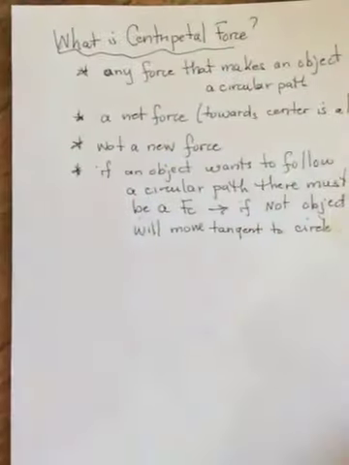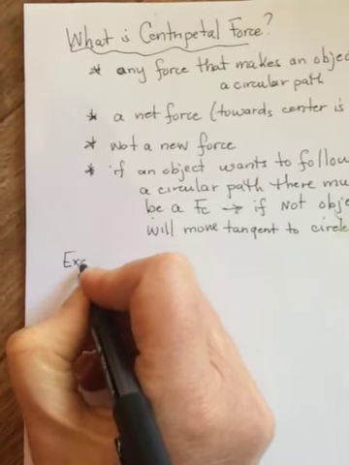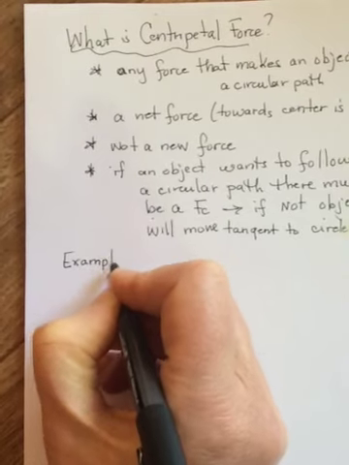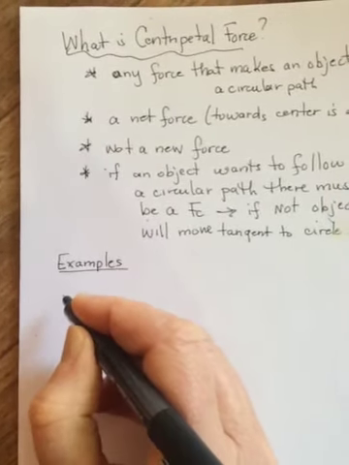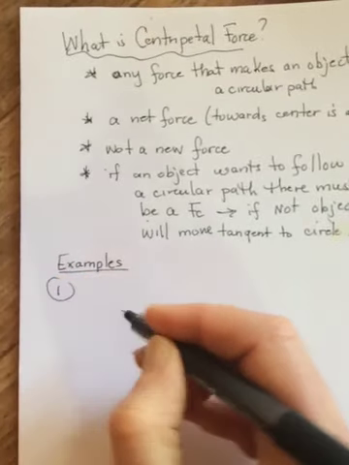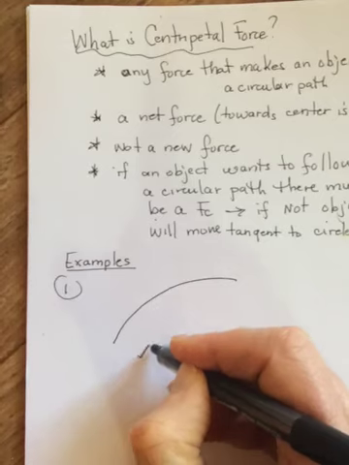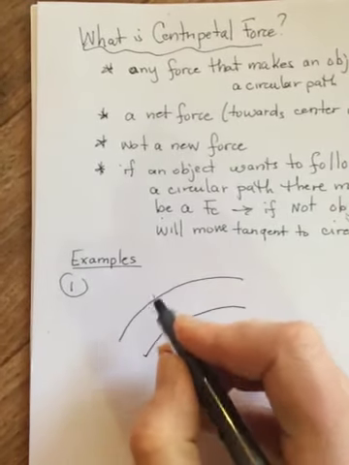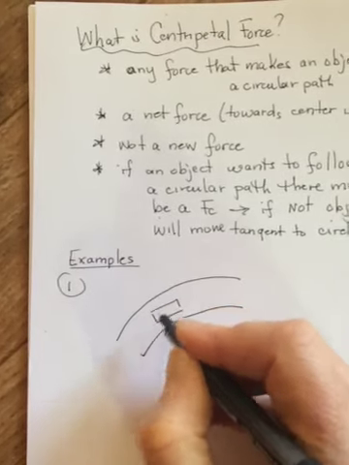I'd like to do some examples with you, not with numbers, but examples of different centripetal forces. So the first one is, let's think about friction. Imagine it's a snowy, slippery morning, and this is your car, and it's going around a curve.